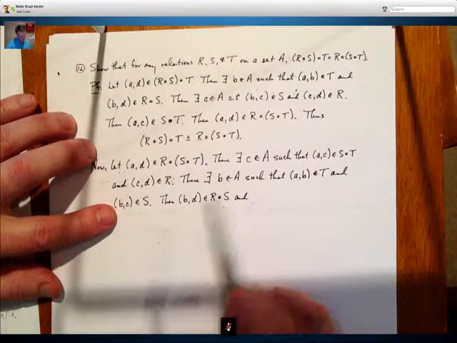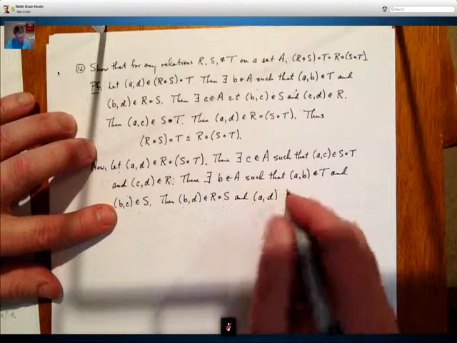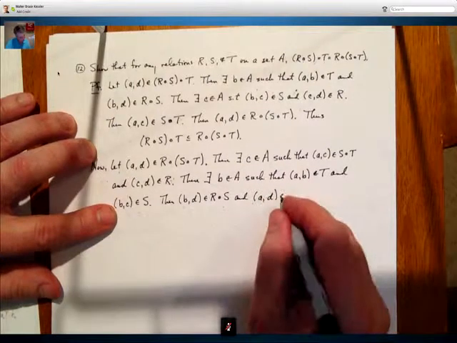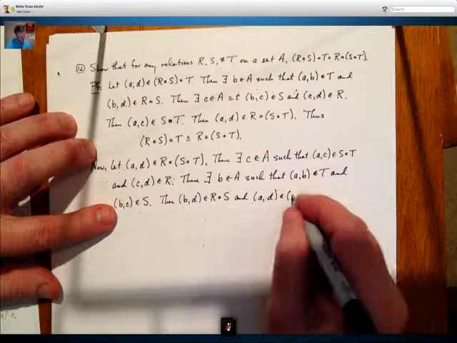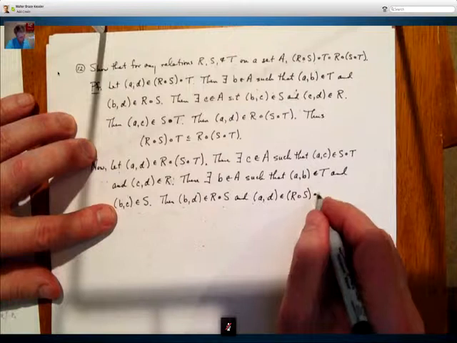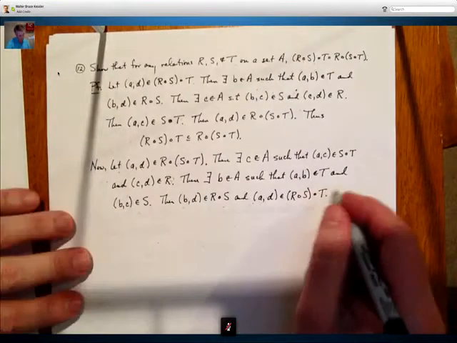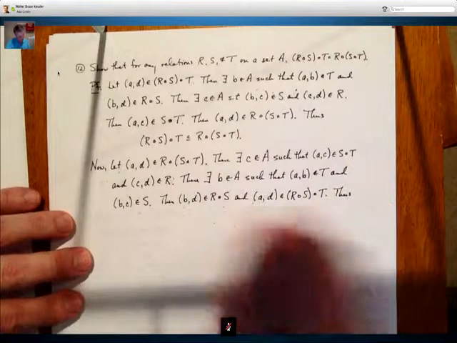Starting with T, I've got A goes to B, and then B is my connector to D. So AD then is, and I've got my R of S right there, because that's where I end up, and then I start with T. Okay?